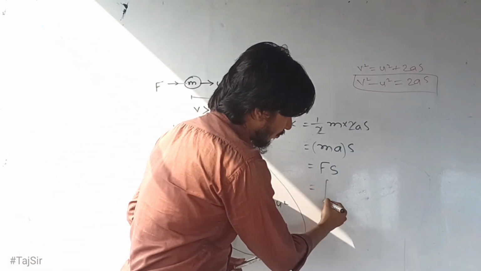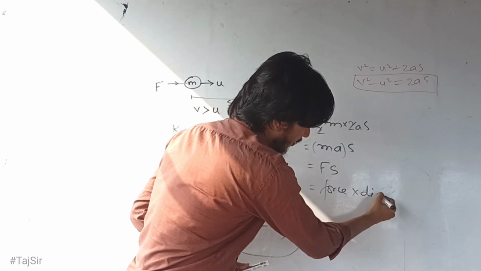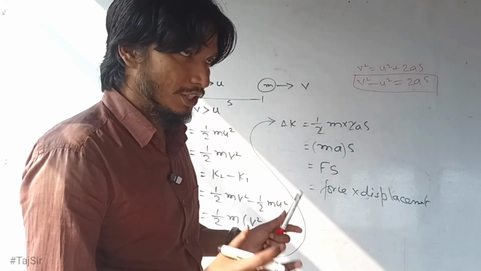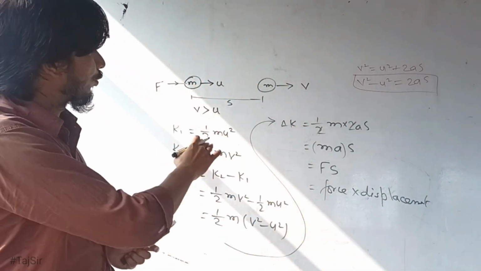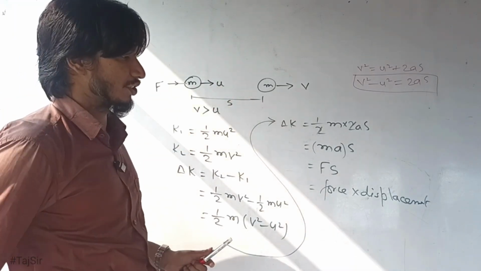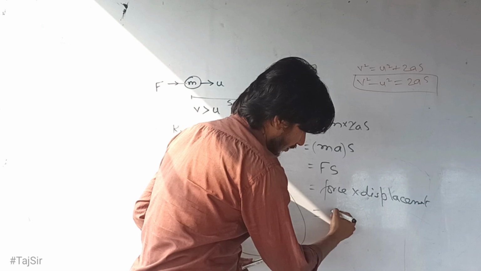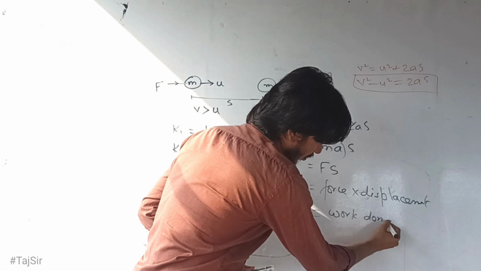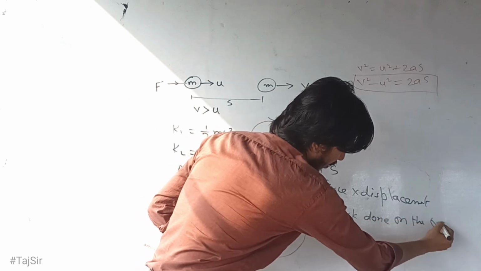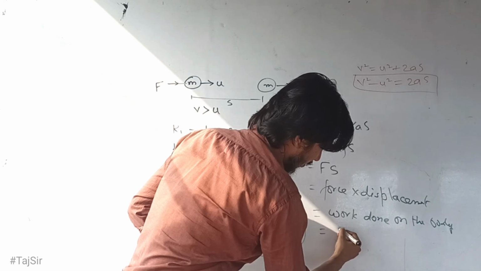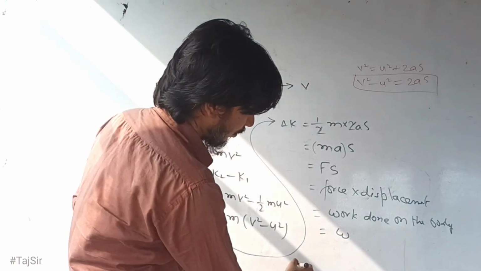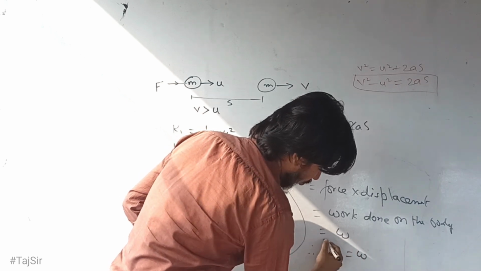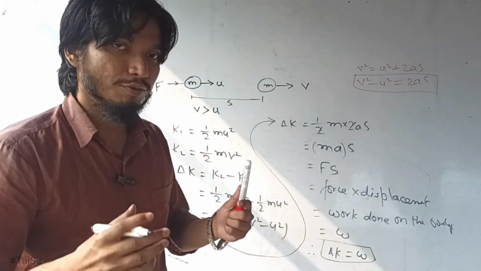Force into displacement. What is this? Force into displacement, and we know force and displacement are in the same direction, and it gives us work done on the body, and this can be written as W. Therefore, we find that change in kinetic energy is equal to work done on the body by the force.